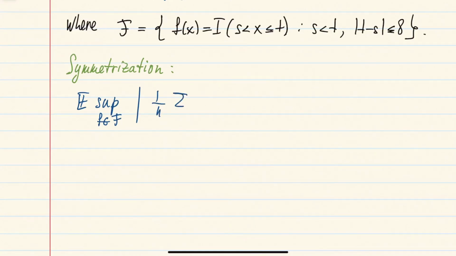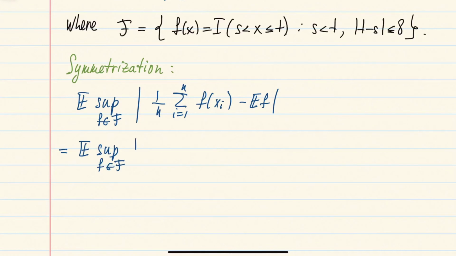So we compare the averages of f of x_i with their expectations, and the first thing that we'll do is to represent the second term, or the expectation, as expectation of another average.